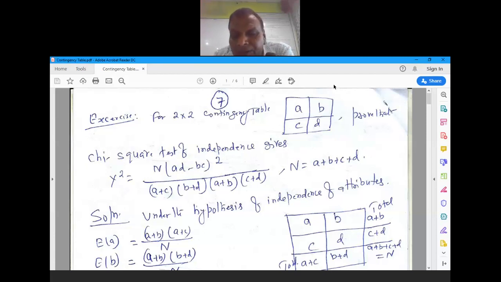Then, what are the conditions for the validity of the chi-square test? Anybody? Please reply. The sample observations should be independent.